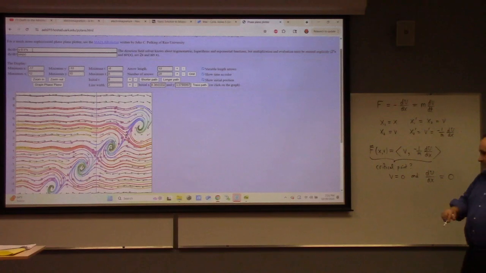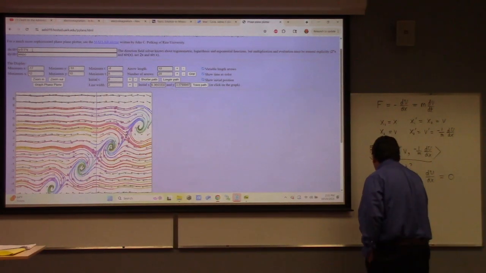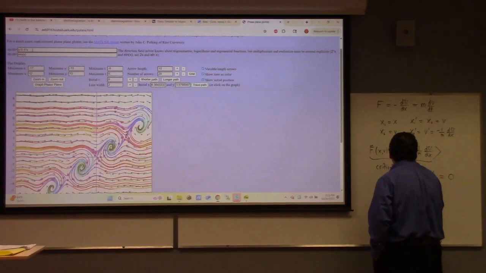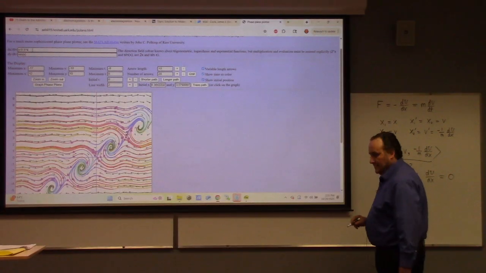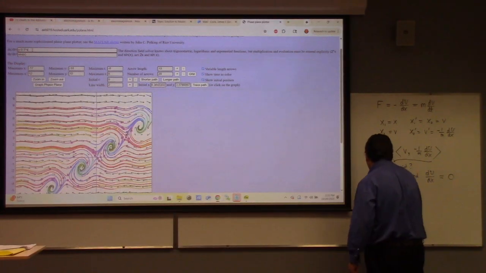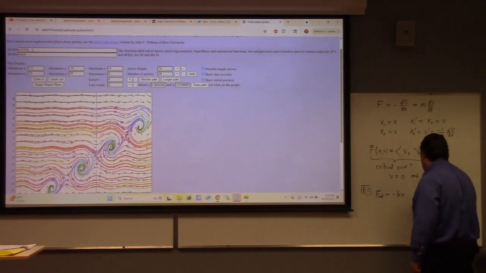All right, so here's an example. We could have the net force equal to, how about minus kx, right? So that's going to be what?